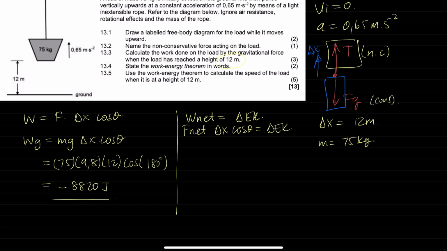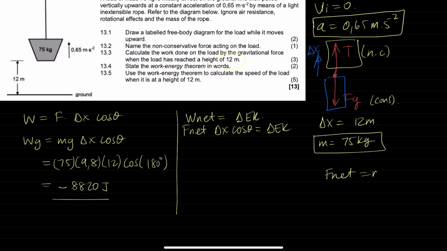So there has to be an alternate way. If we look carefully, we notice that we've been given the acceleration and we know the mass. So we can use Newton's second law, which says F net is equal to ma. So we can say here that ma times delta x times cos theta is equal to delta Ek.